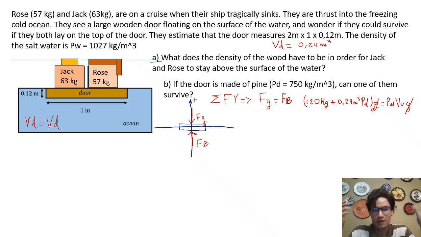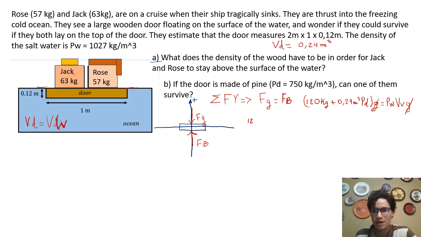All the volume of the door will displace the same volume of water, and not more than that, because there is no more wood, and it would get Jack and Rose more wet than they were. So that's not ideal. So the volume of the door is equal to the volume of the water displaced.